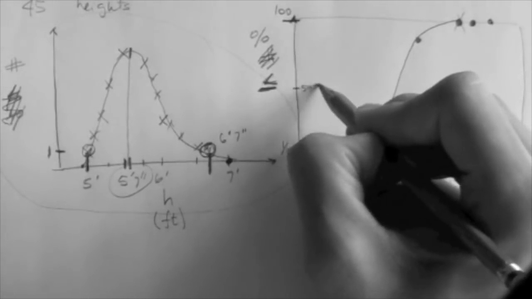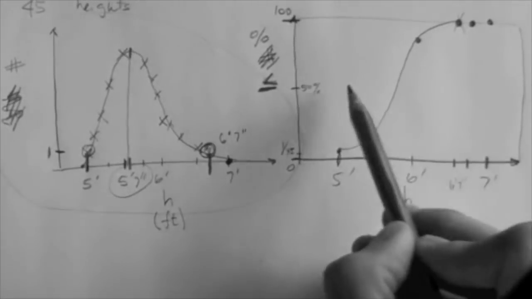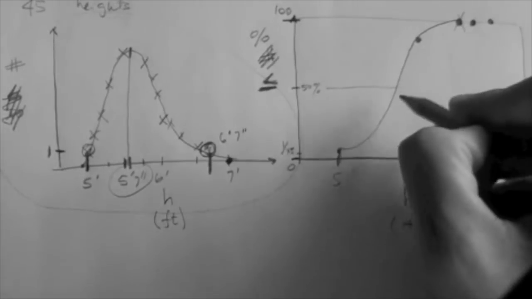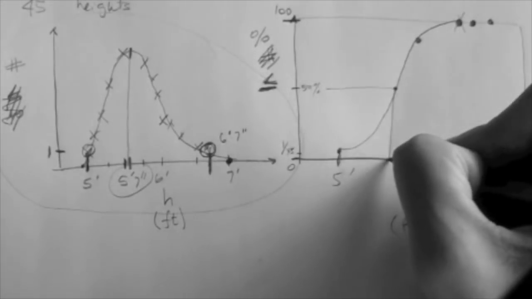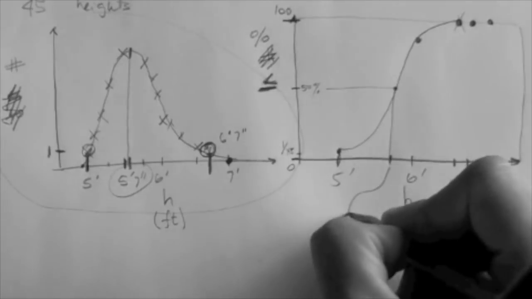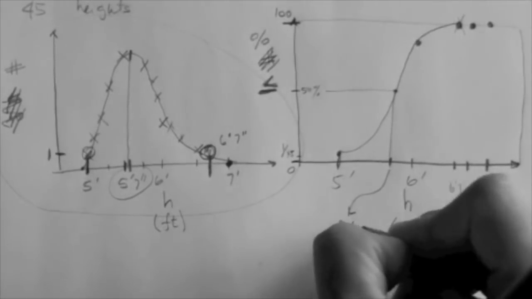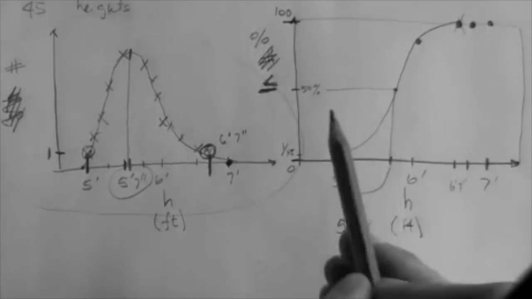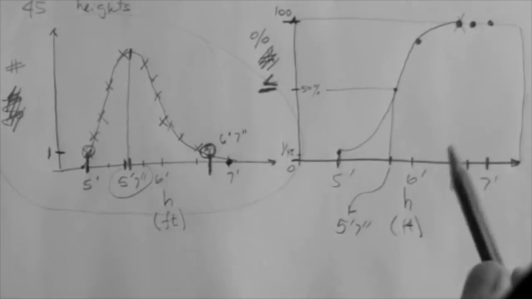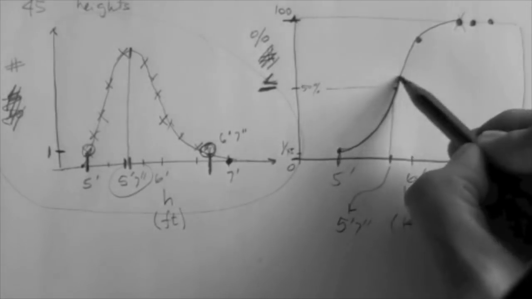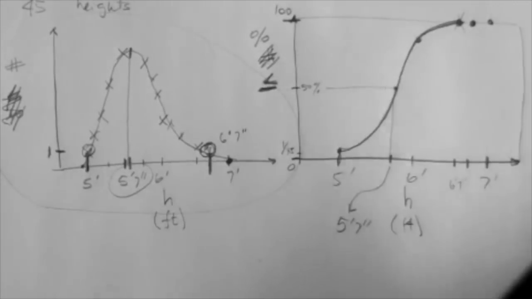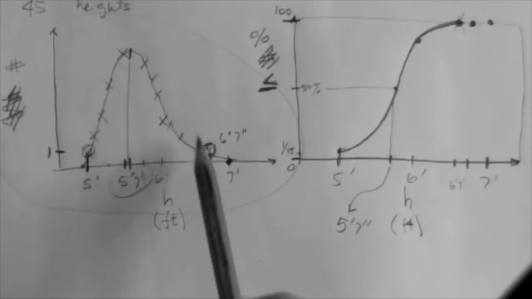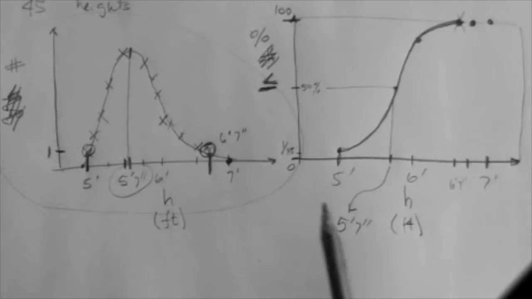This is 50%, right? This line. Where do you think that line connects to? Not to scale here, but this is 5.7. The mean. So 50% here corresponds to the mean. This curve has the same information as this curve here, but it's just plotted in a different way.